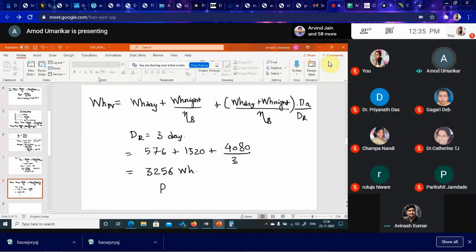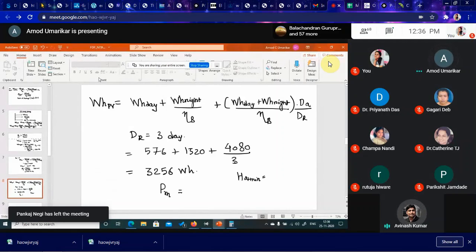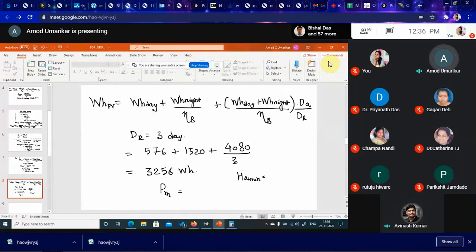What will be the solar PV size? We have to divide by H at mean, about 4.5 kilowatt hour. Average insolation for one day generation for 1 kilowatt is about 4.5 kilowatt hour.